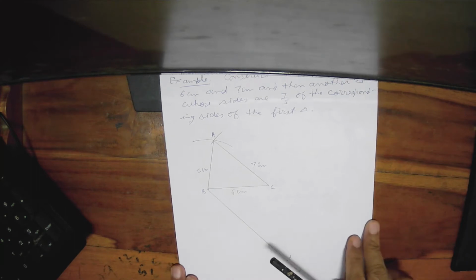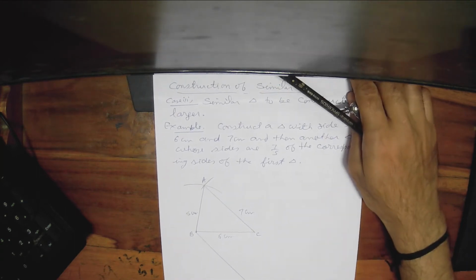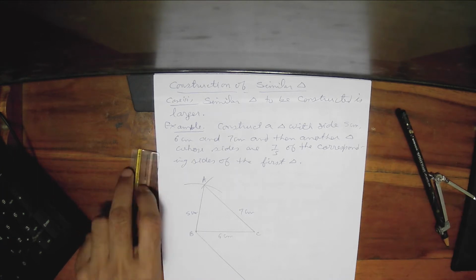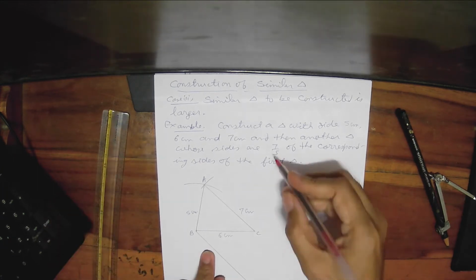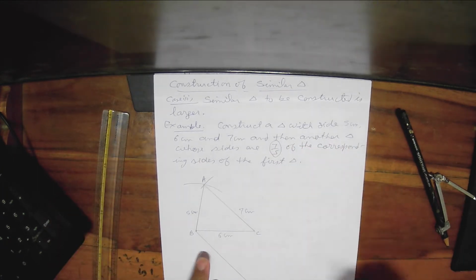Now the next important thing is to check what fraction is given to you. Here the fraction is 7 by 5, which is improper. You can see that the numerator is bigger than the denominator.